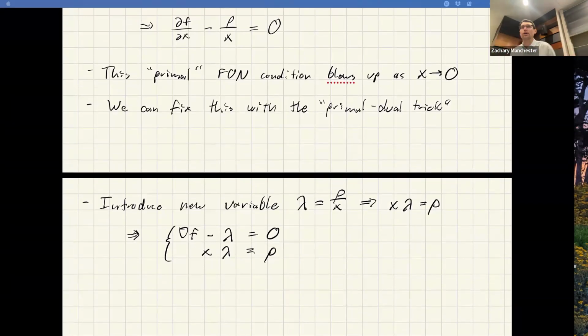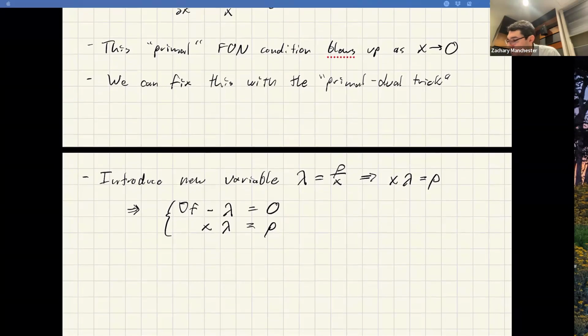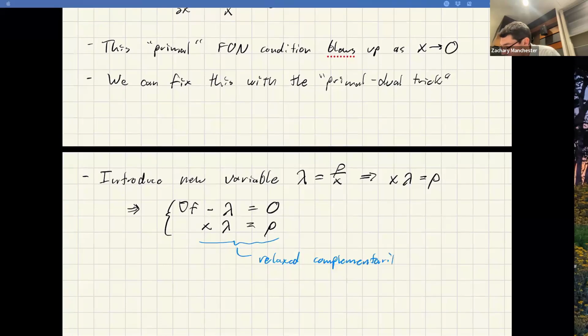That's kind of the message here. You could think about the log barrier as some kind of smoothing of the KKT conditions in a fun way with this trick. So this guy is a relaxed complementarity on those KKT conditions.